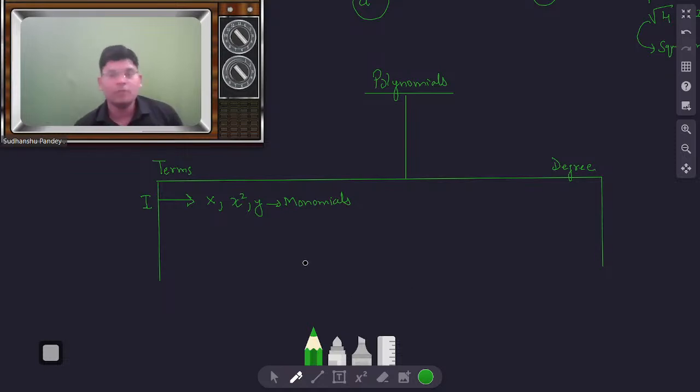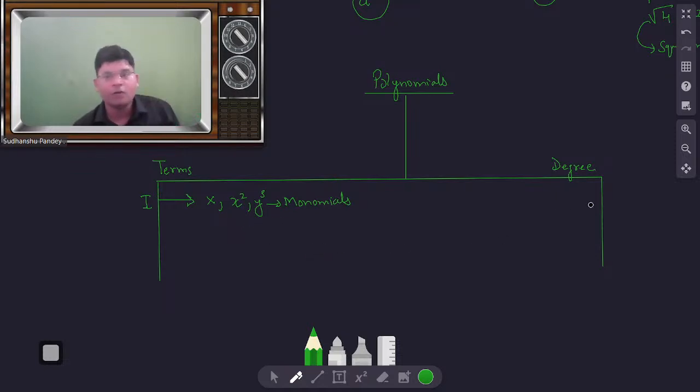Okay? Yes, sir. Now you can see that the term can be 1 but degree is more than 1. Means y can also be y cube. Means when we are counting on the number of terms basis, degree does not have any role to play.